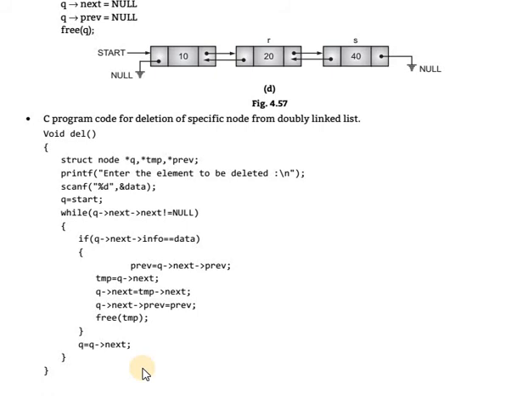Q is the number to be deleted, temp is the S variable, and previous is the R variable, as in the diagram. Previous means the S variable, that Q of next, that S variable is initialized as previous, so automatically the intermediate node will be deleted, and the Q pointer will be incremented to the next node when this condition is false.